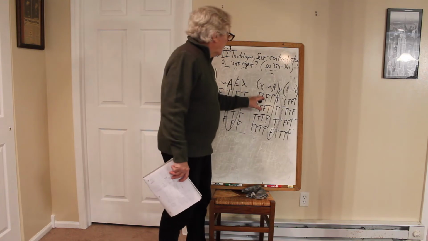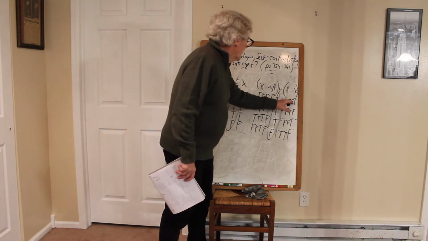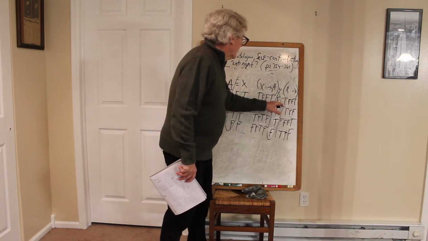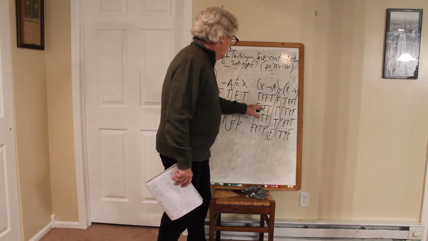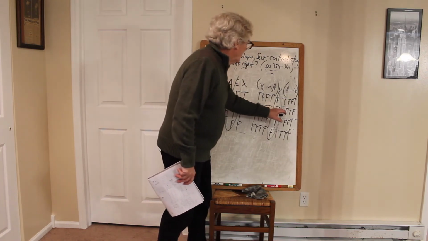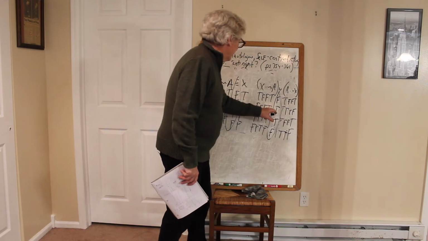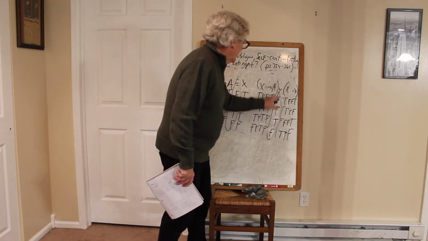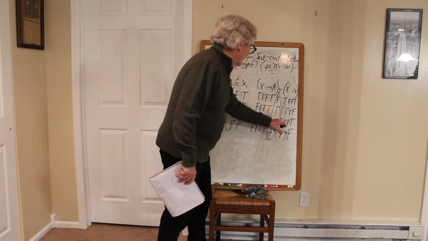How? You have false or false over here is false, and then you have false under the main operator here, or true is true. True under the main operator here, or anything would be true, or false is false.